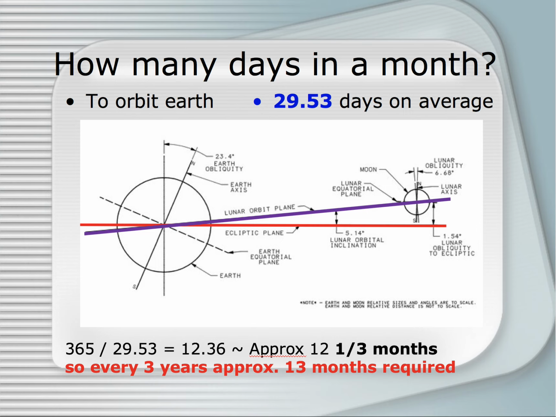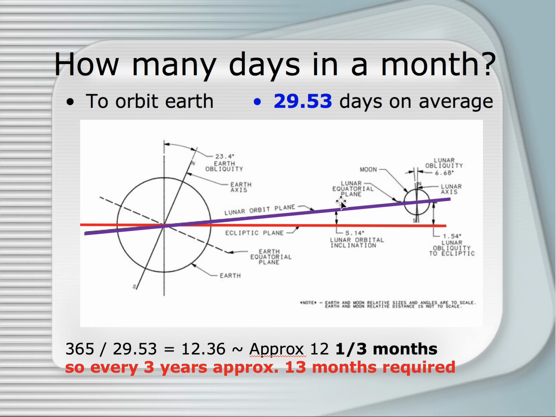Well, the average number of days it takes for the moon to orbit the Earth, because of the elliptical nature of the moon's orbit and the differences in terms of the lunar orbit plane.